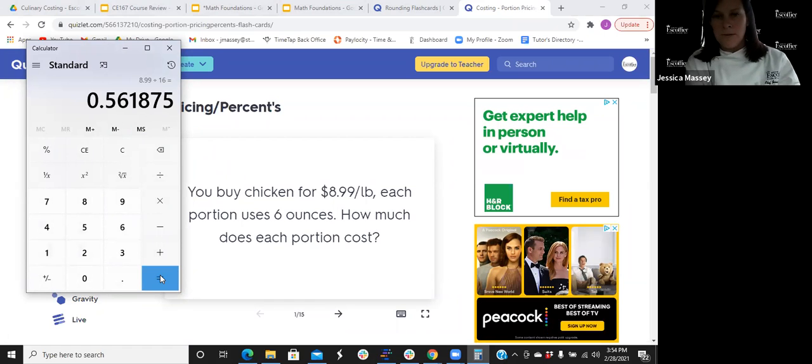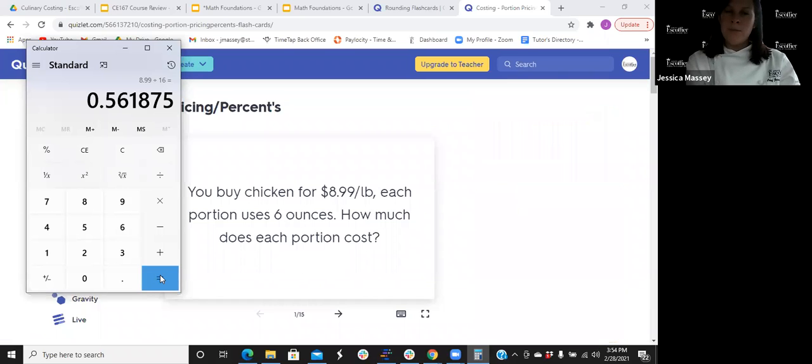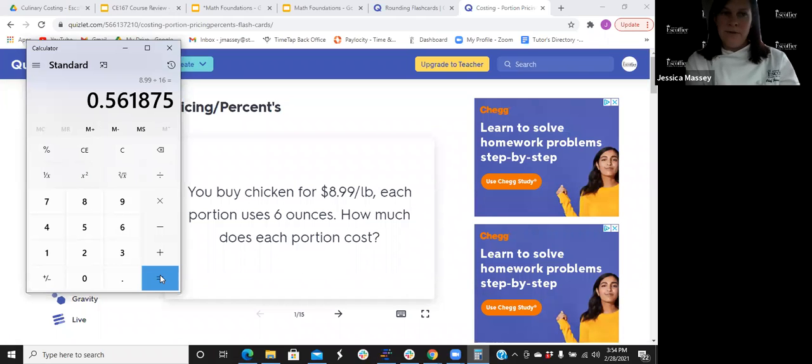That's our price per ounce for the chicken. Now each portion or serving has 6 ounces in it. We're trying to figure out how much each 6-ounce portion costs. So once we have our price per ounce, basically 56 cents, you would times that by 6 because we have 6 ounces. And that gets us $3.37.